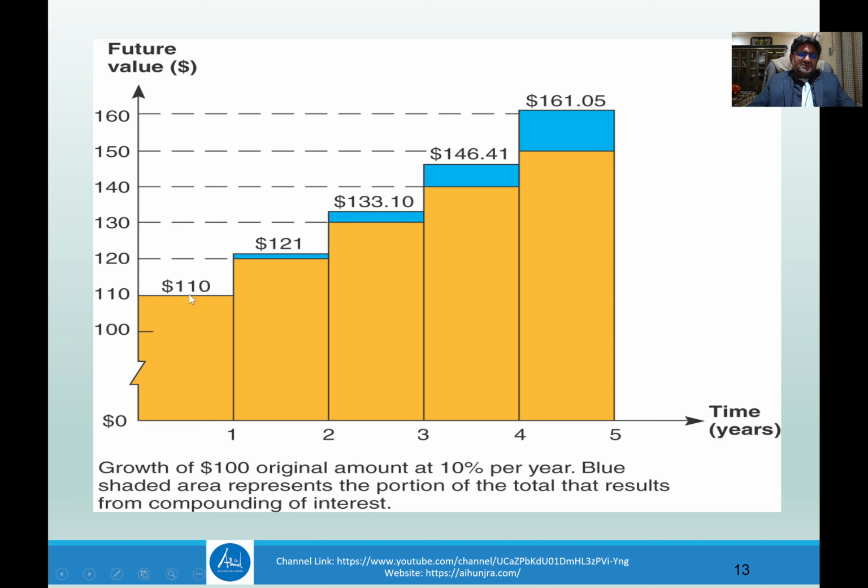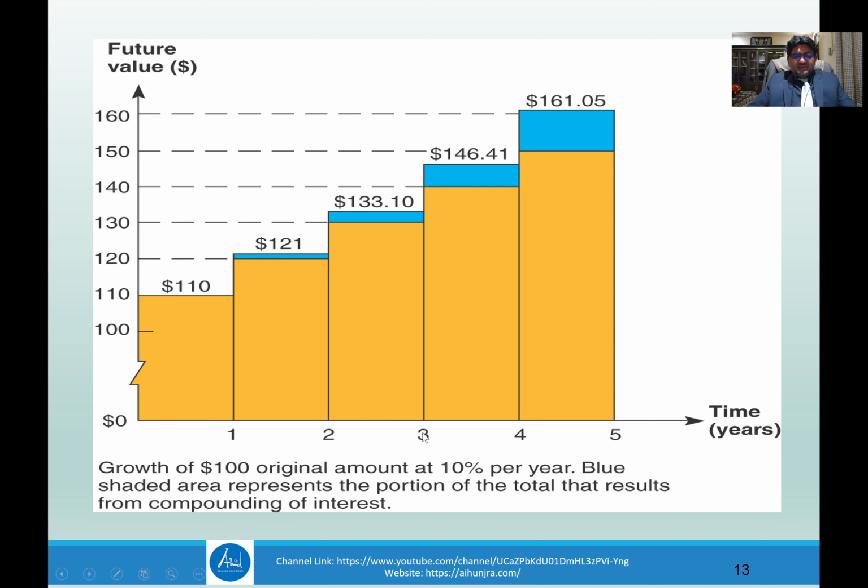If time period is 1, both will be the same. With the passage of time, if we apply simple, the value will be 120. But with compounding, the value is 121.